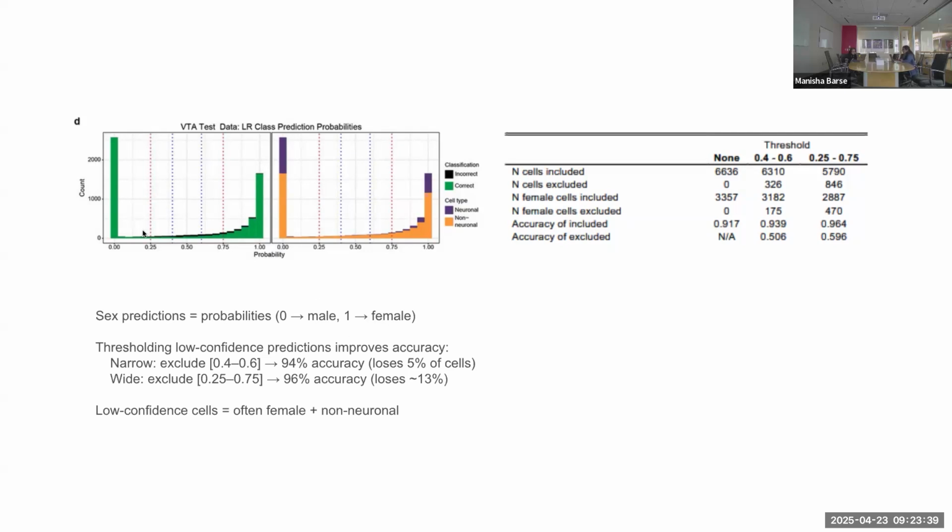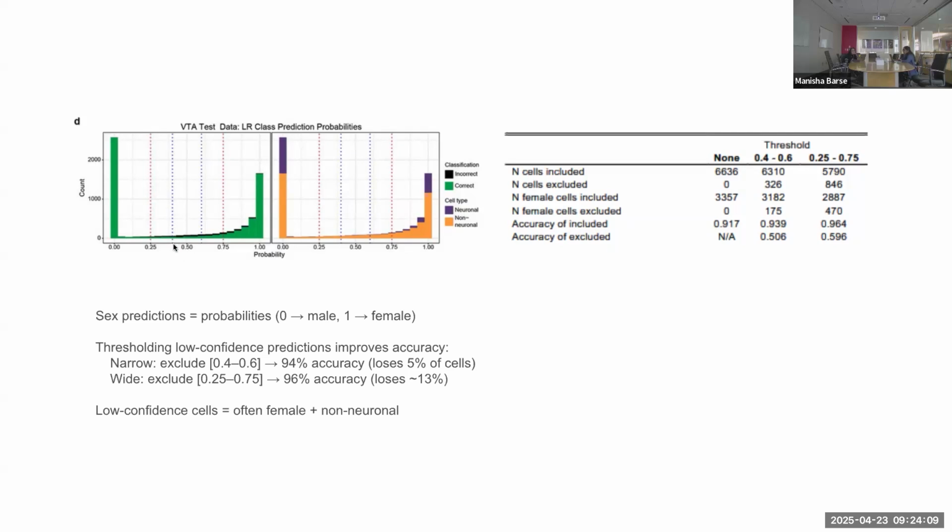And in these figures, you can see some regions they have highlighted, like the blue lines around the 0.5 probability. This is a narrow region where they are trying to do thresholding by excluding the genes in these particular regions.